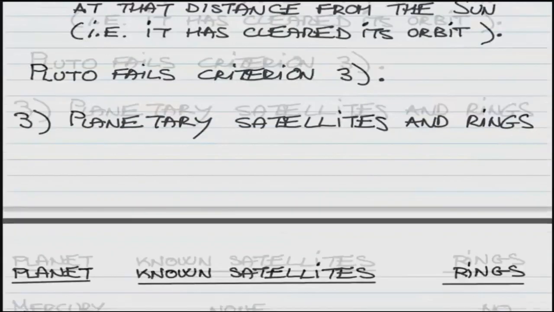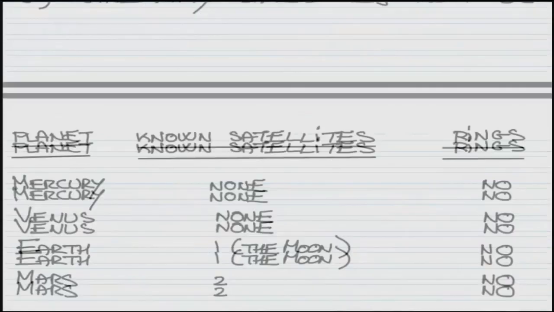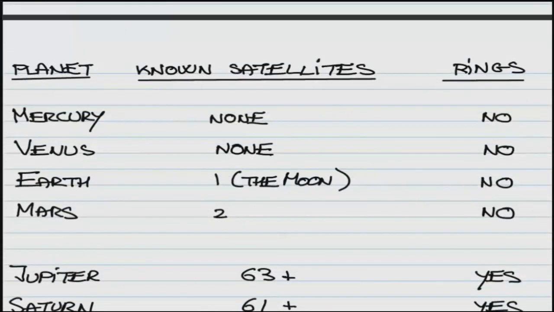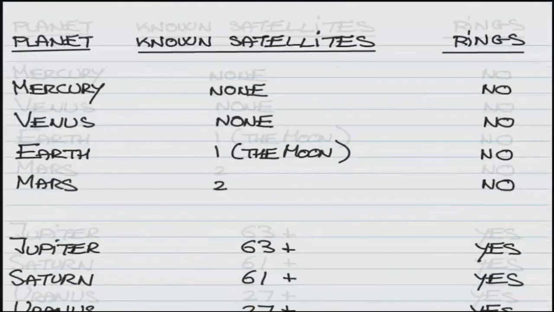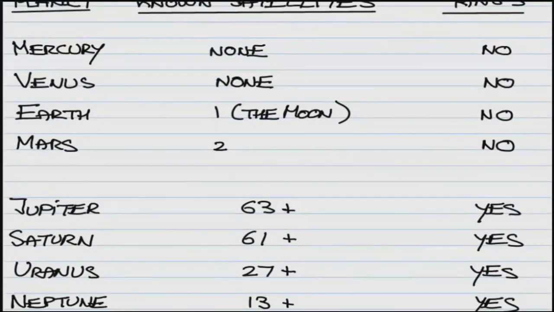Now, planets may have satellites, bodies revolving around them, and they could also have rings. So already here you can see the difference between the terrestrial planets, Mercury, Venus, Earth, and Mars, and the Jovian planets, Jupiter, Saturn, Uranus, and Neptune.